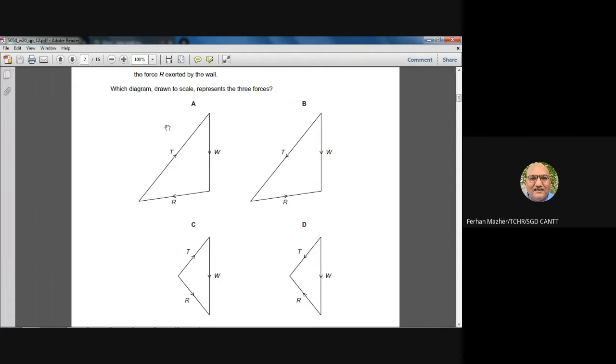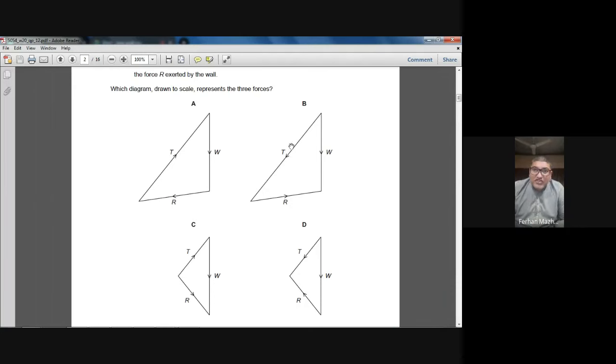If you leave diagram A and look at diagram B, here the tension is shown and here the weight is shown, and their tails have been joined. If you join the tails, then we need to use the parallelogram law, so diagram B is not obeying the head to tail rule.